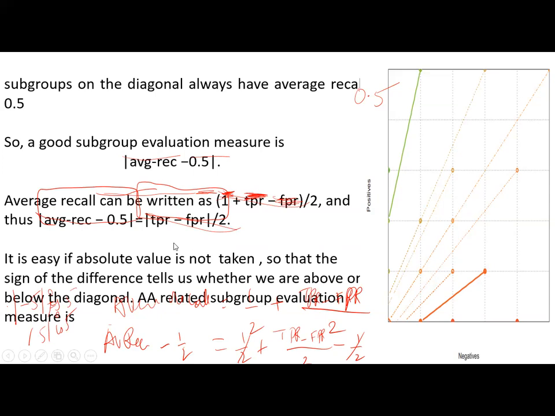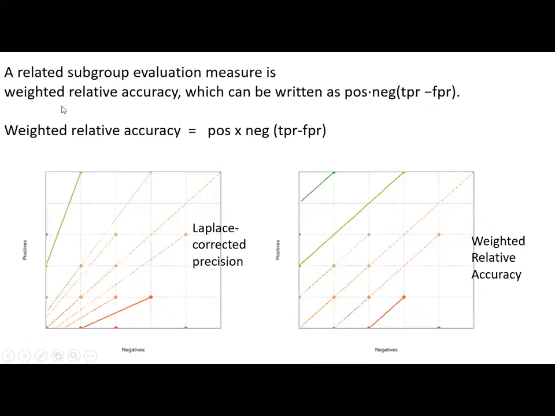True positive rate minus false positive rate, divided by 2. Another related subgroup evaluation measure is weighted relative accuracy.